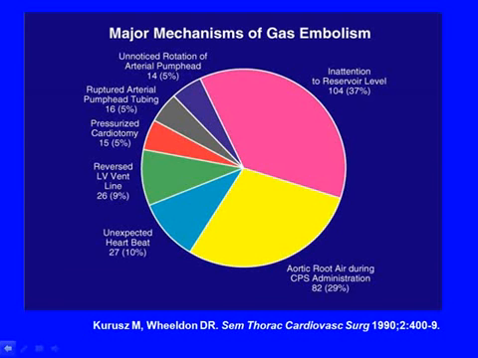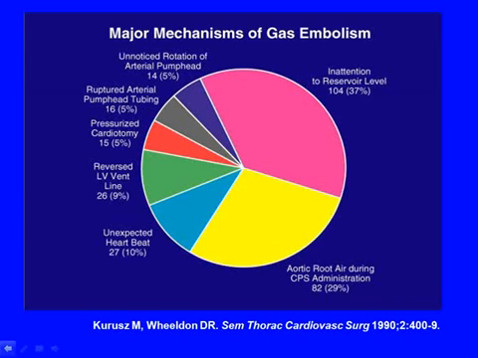Inattention to reservoir level, shown in pink, was responsible for more than 2/3 of the reported incidents. There were 284 incidents of air embolism reported on our survey, and the cause was attributed to inattention to the reservoir level, where gas is drawn from the circuit and pumped into the patient.